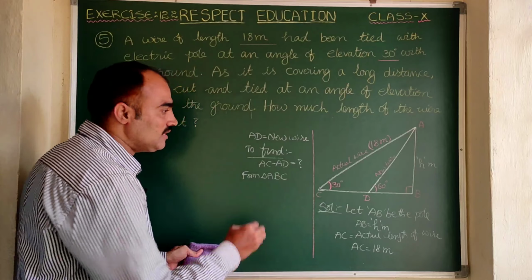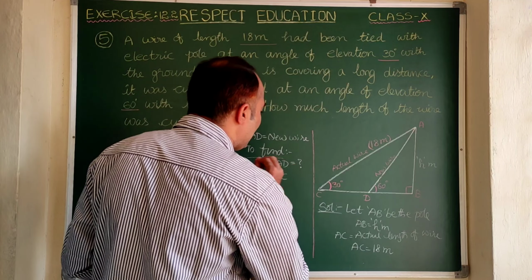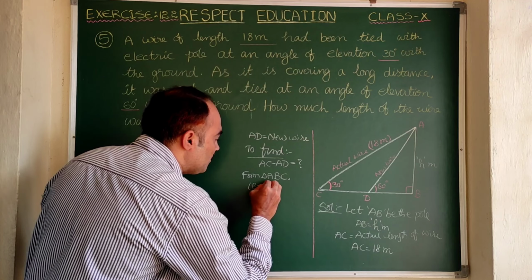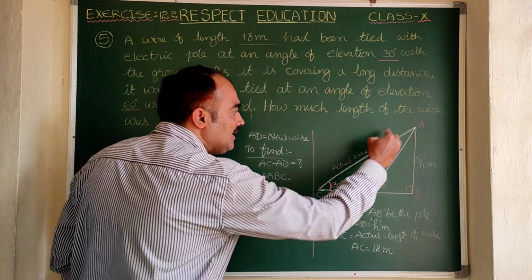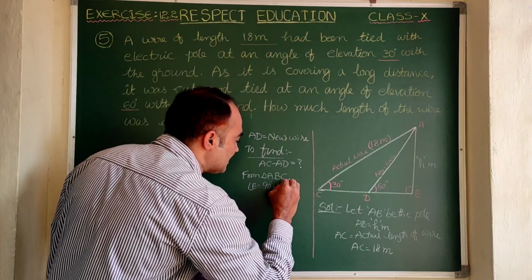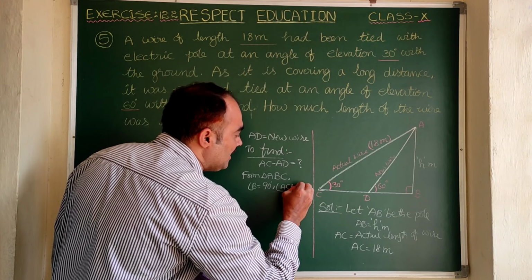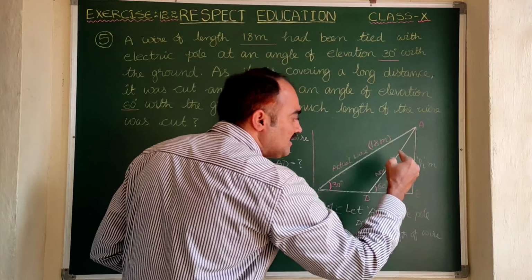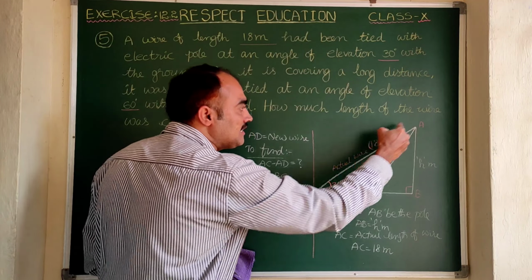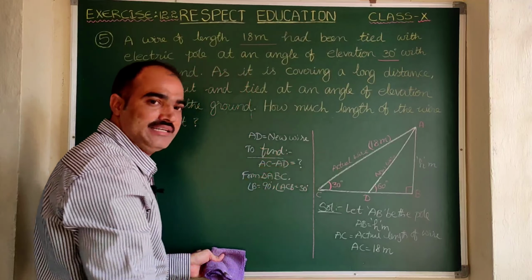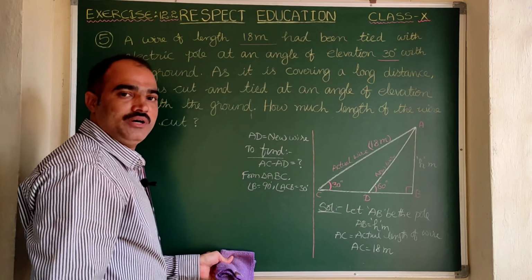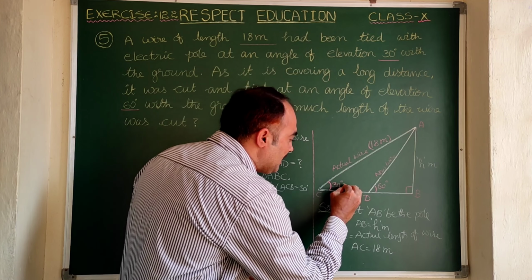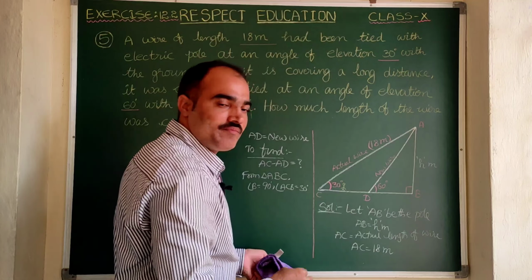Let us take the values first from triangle ABC, where angle B is equal to 90 degrees and angle ADB is equal to 60 degrees. Angle ACB is equal to 30 degrees, because we are taking the full triangle ABC, where angle B is 90 and angle C is 30. Here, just imagine that you are standing at C, at 30 degrees.